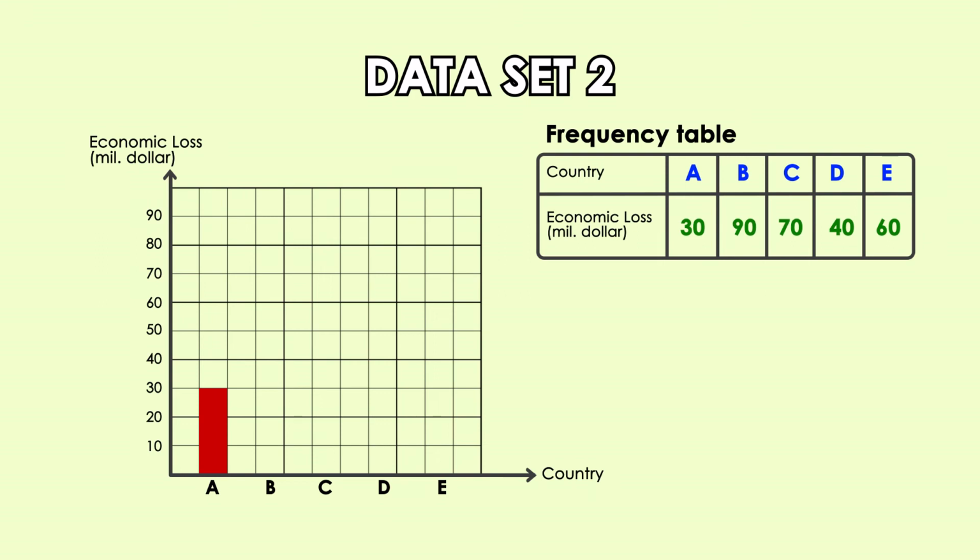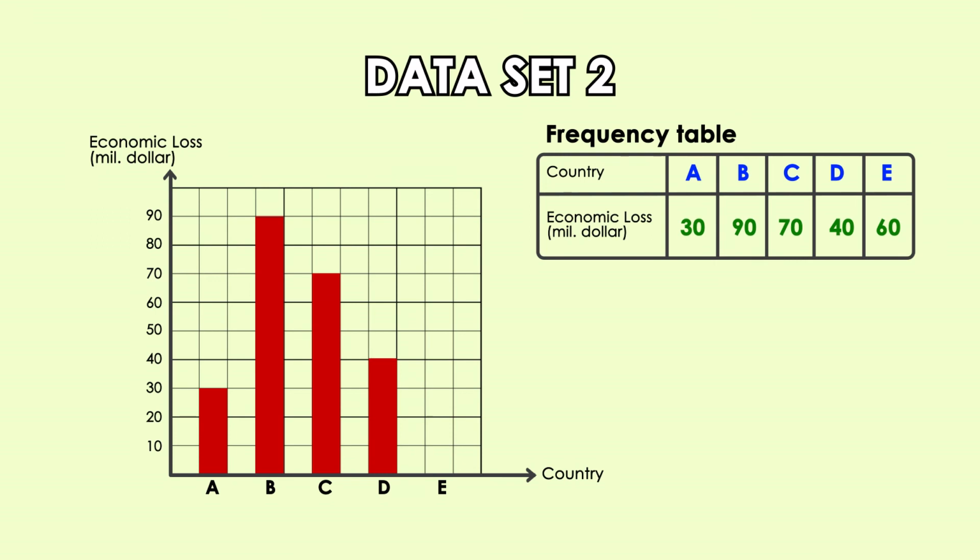Let's draw the rest of the bars. $90 million for country B, $70 million for country C, $40 million for country D, $60 million for country E, and of course, you can draw a different bar width. Just make sure those bars have equal space between them. We have finished drawing the bars.